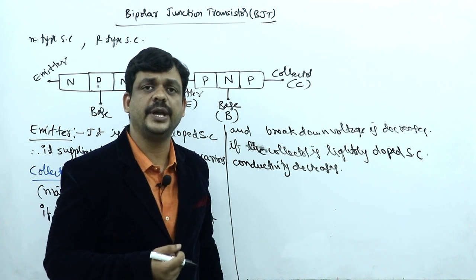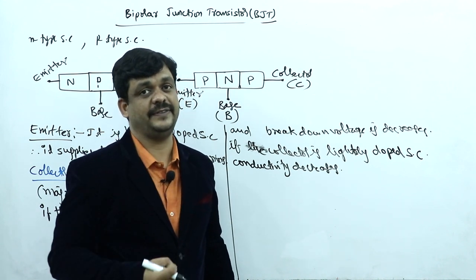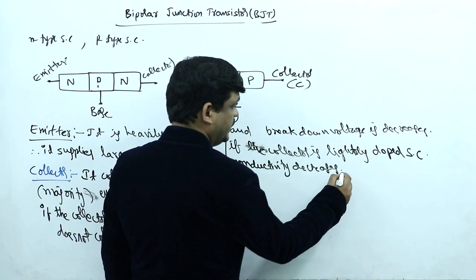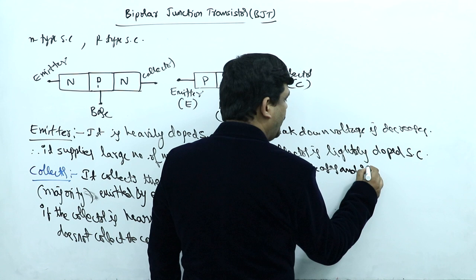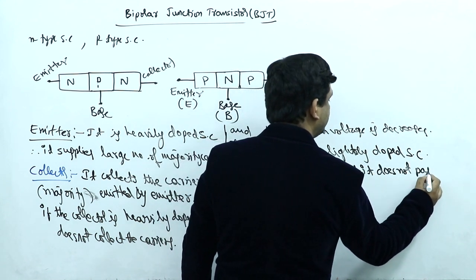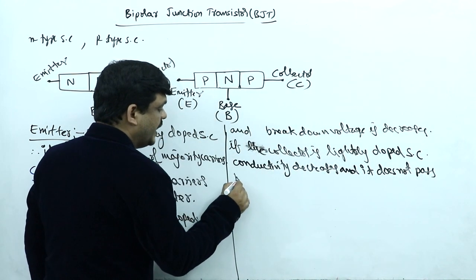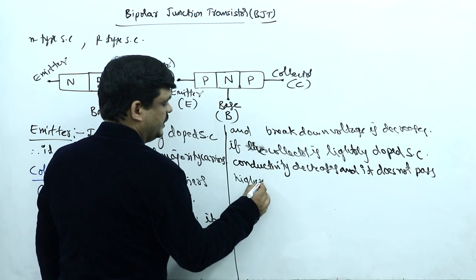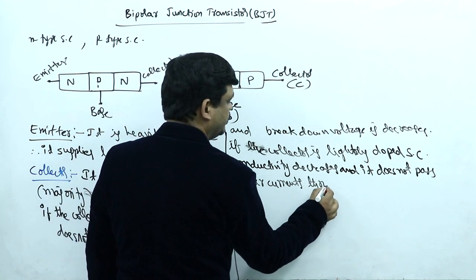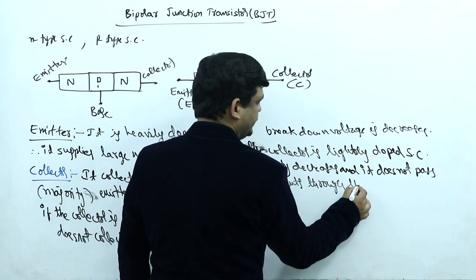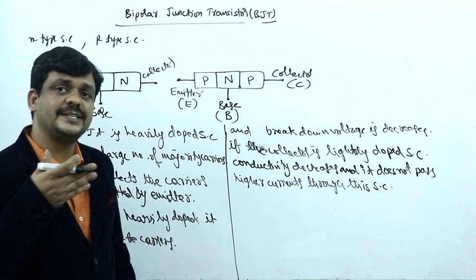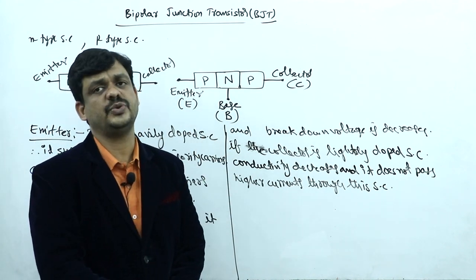What is the advantage of doping? Doping increases the conductivity. If the doping level is very less, conductivity decreases, and it does not pass higher currents through this semiconductor, right?